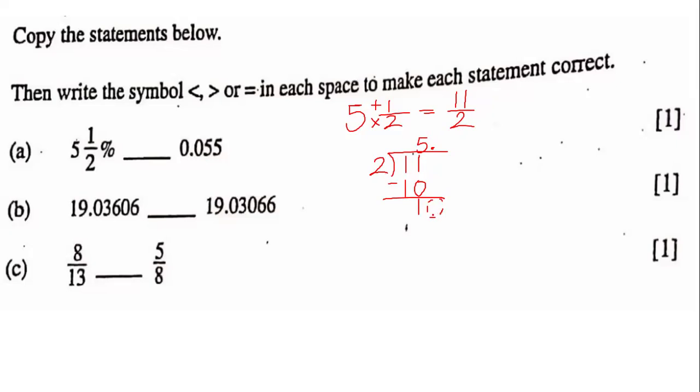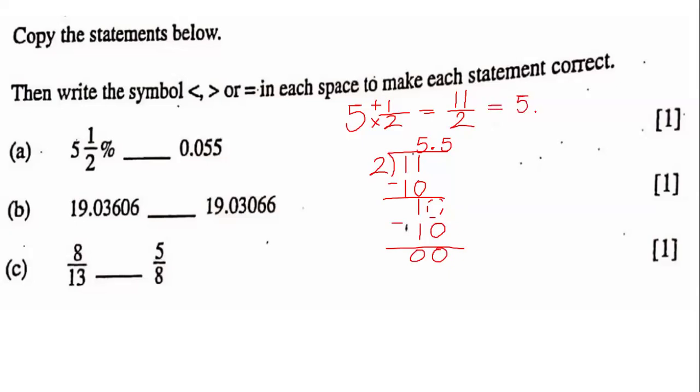So 2 into 10, it's gonna be 5 times. 2 times 5 is what? 10, very good. And 10 minus 10 is 0. So the answer is gonna be what?